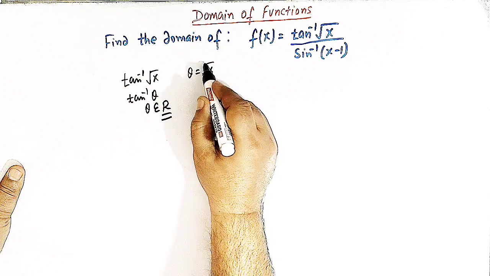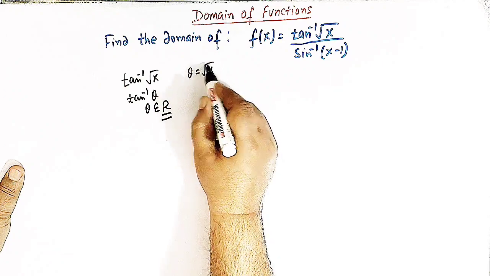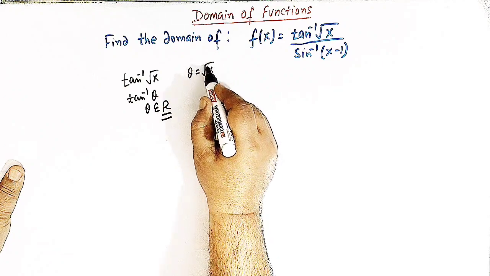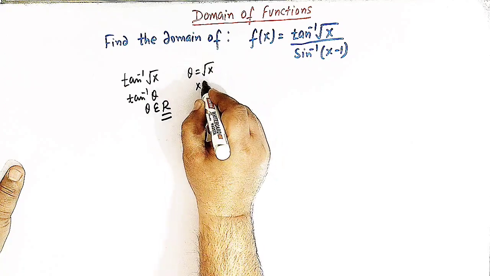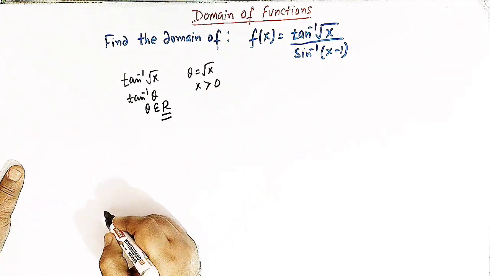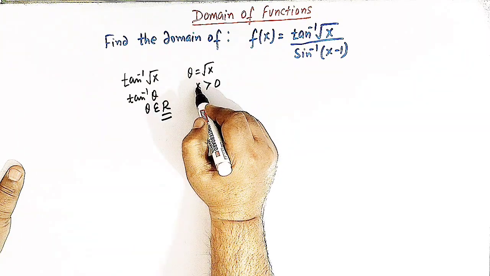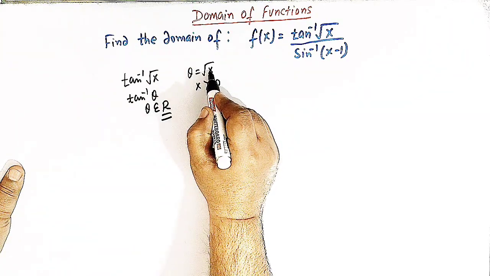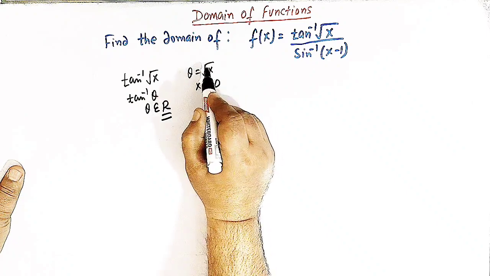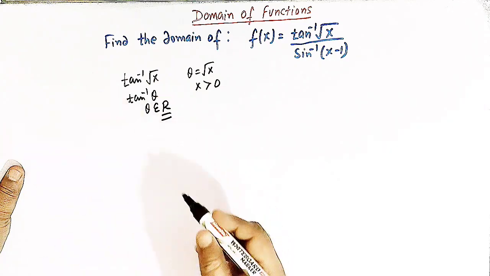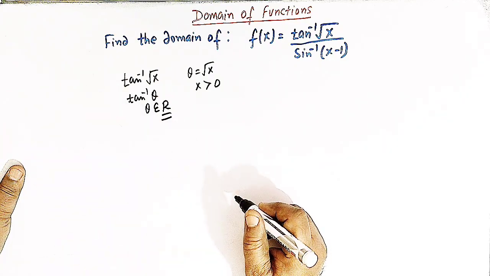And since here we have the square root of x, this quantity x has to be greater than 0, right? Because x cannot be negative here, because when we have a negative quantity inside the square root sign, then we have a complex number.